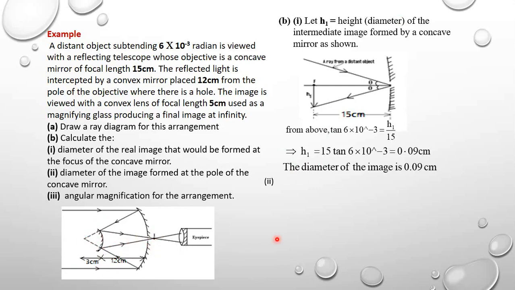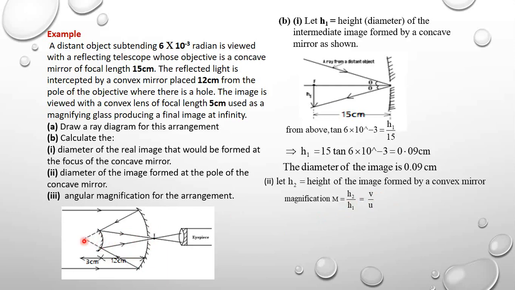So the magnification is going to be h2 divided by h1, which is also equal to v over u, because you know that linear magnification is given by v over u, or height of image over height of object. We know h1, which is 0.09. We know v, the distance from the image formed by the convex mirror to the convex mirror, which is 12 centimeters.